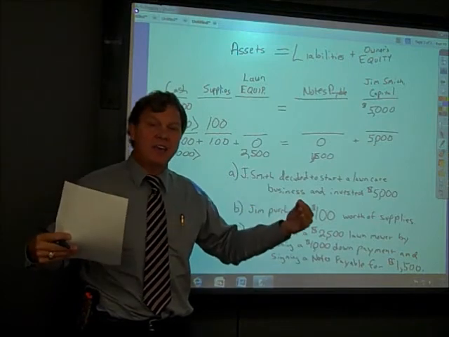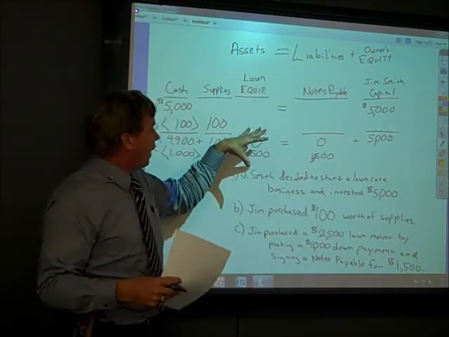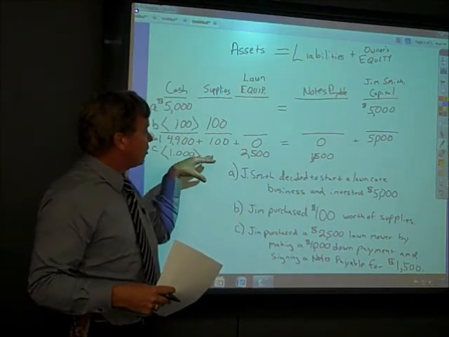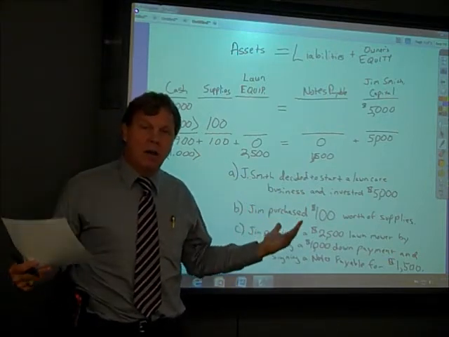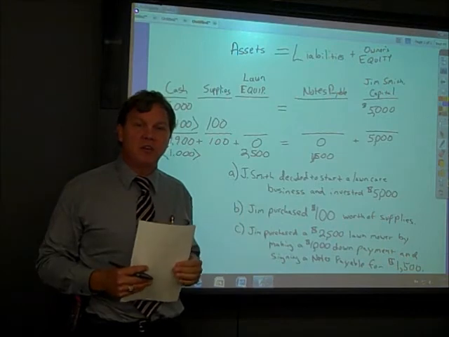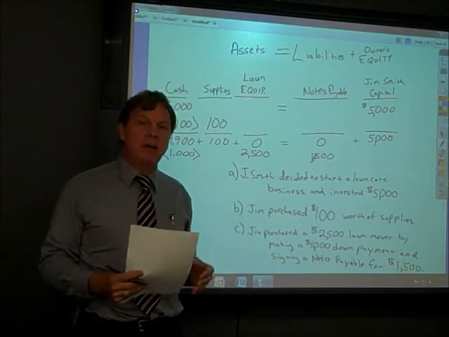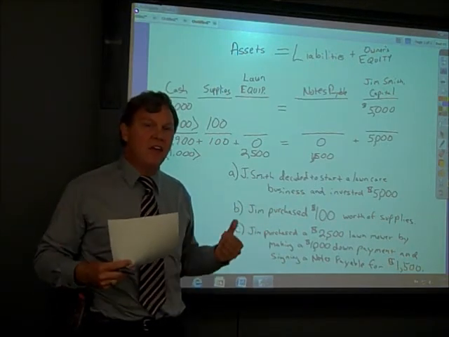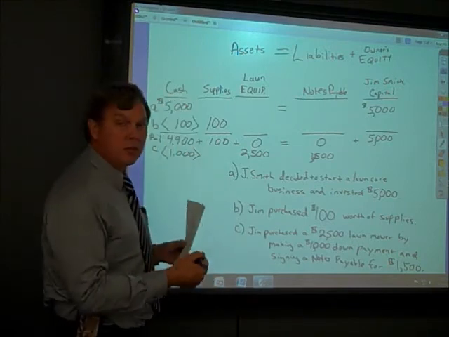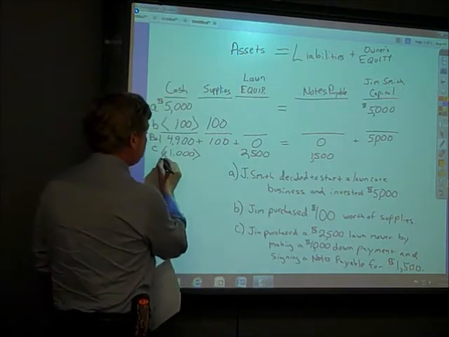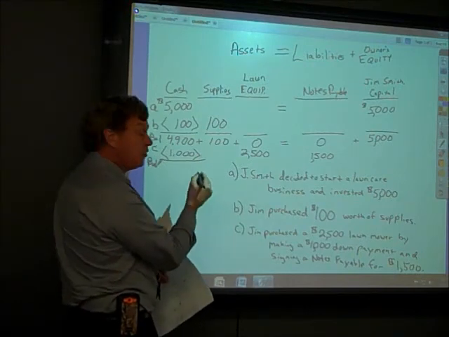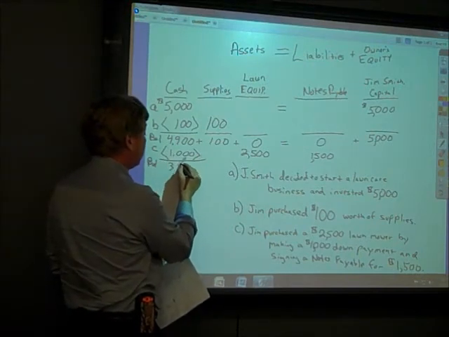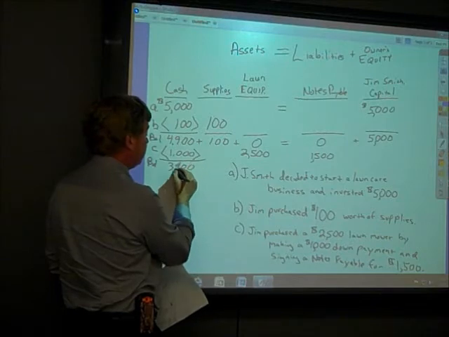Every transaction has to balance, and after we adjust these accounts for that transaction, our assets have to equal our liabilities and owner's equity. And if we consistently apply this, they always will. So let's do our totals. Our cash balance now is $3,900.